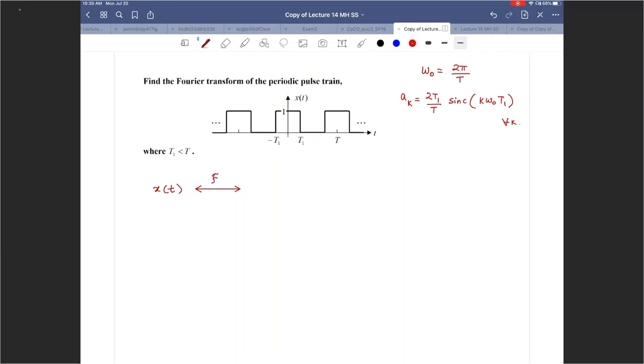is going to be 2 pi times a summation, k equals negative infinity to infinity, of a_k, and then we have those delta functions at k omega naught. Then I simply substitute my a_k.